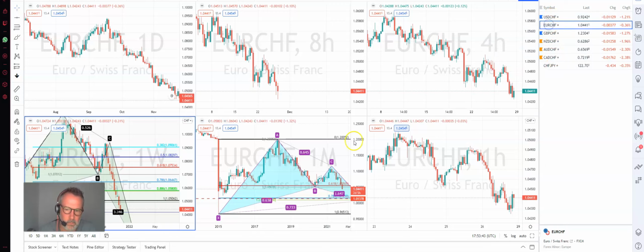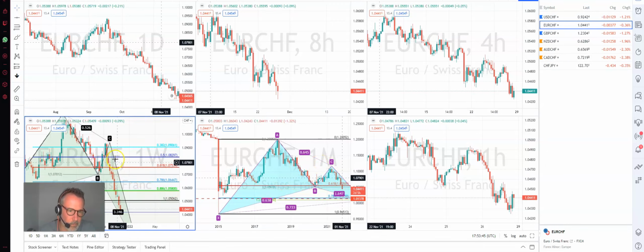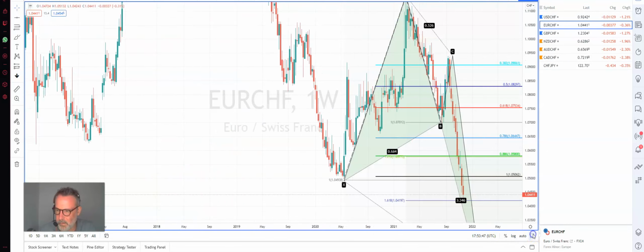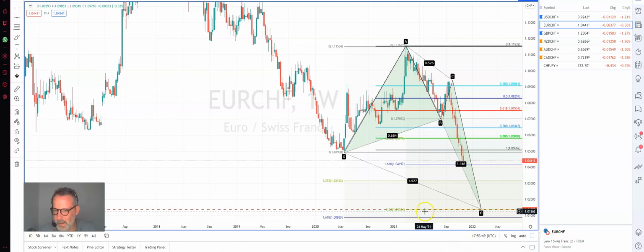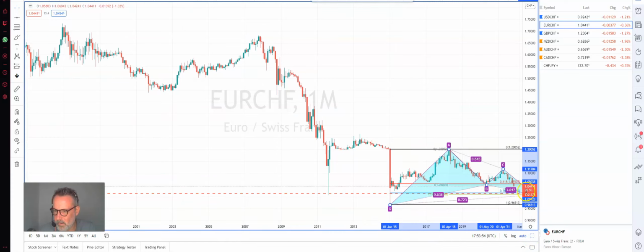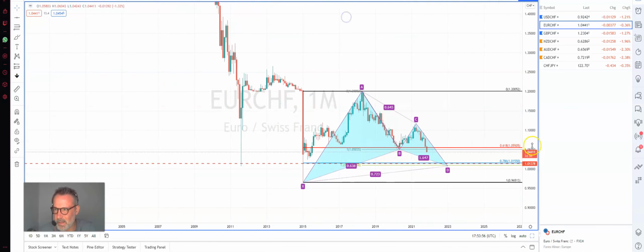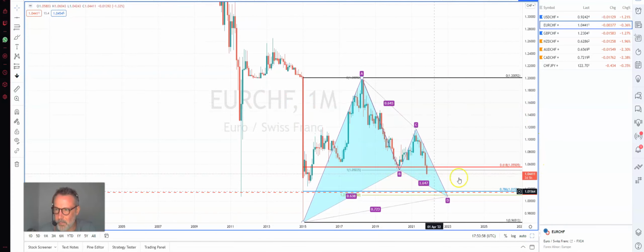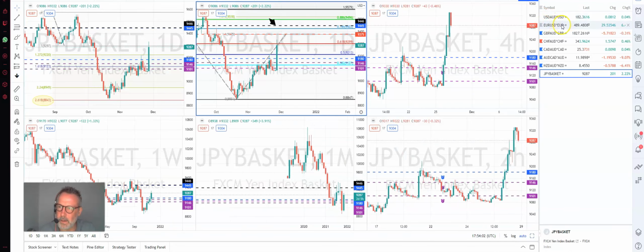So Euro Swiss. Well, here it looks quite bearish. We've got a 1 week chart that says I should be selling down to these levels. I've got a monthly chart that says I should be selling down to these levels. Okay, but look back to the single currencies. I'm not doing anything with the euro. I didn't say that euro was a buy. In fact, I don't really know where euro is at the moment.